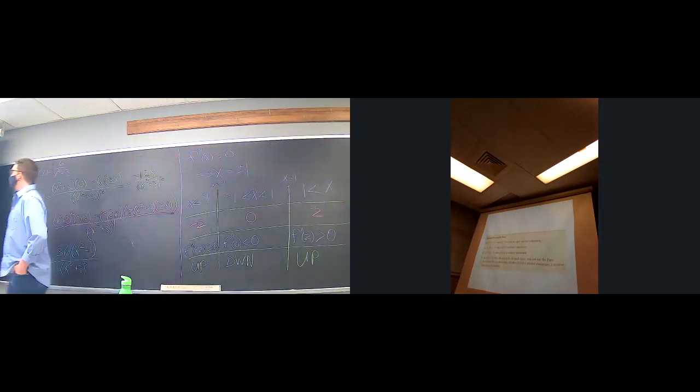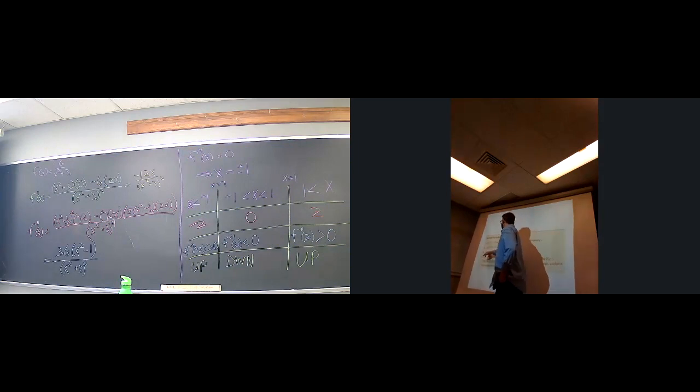If our second derivative is greater than 0 on some interval including c, then we must have a relative min at c. And if our second derivative at c is less than 0, then it must be a relative max.